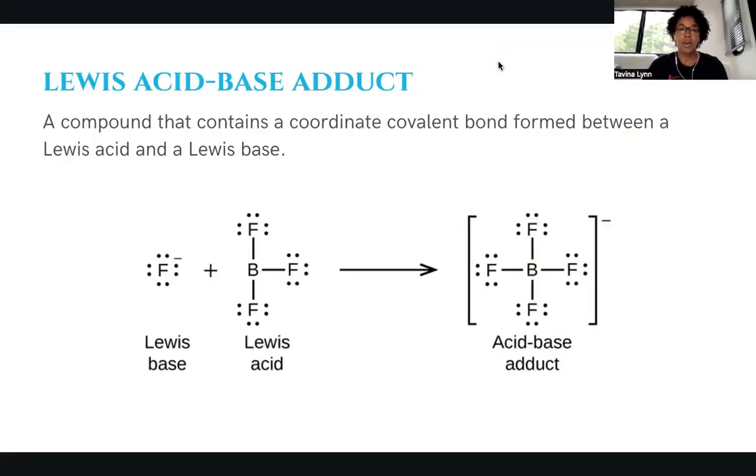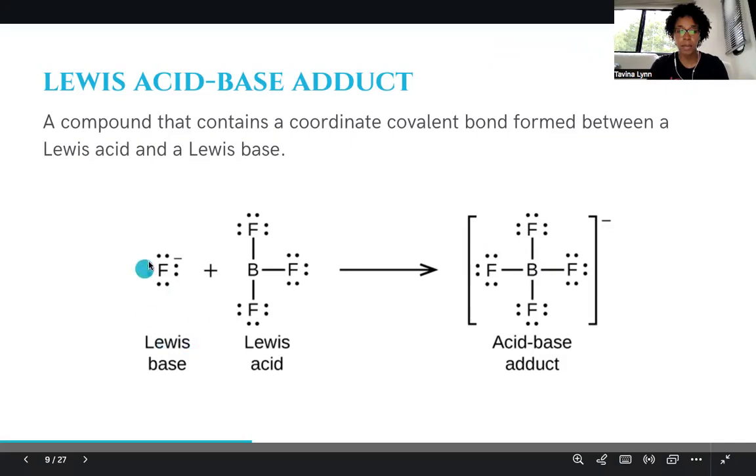So let's talk about the product that's formed when we have a Lewis base interact with a Lewis acid. It's called an acid base adduct, right? This is the compound that forms that contains this coordinate covalent bond between the Lewis acid and base.